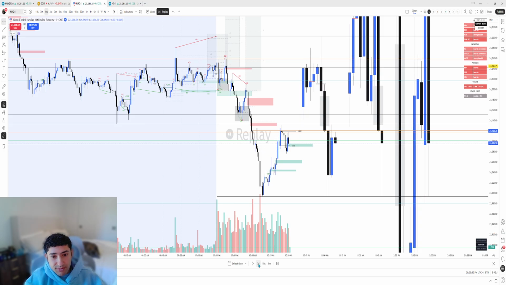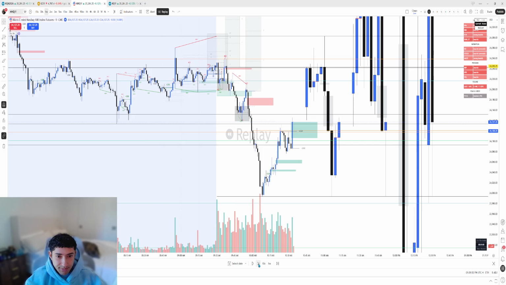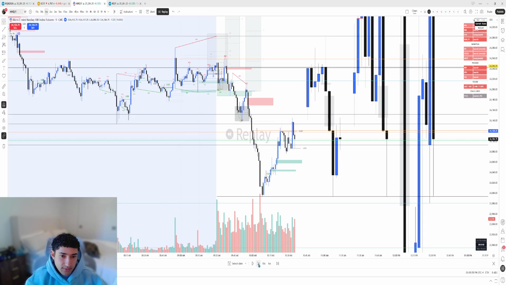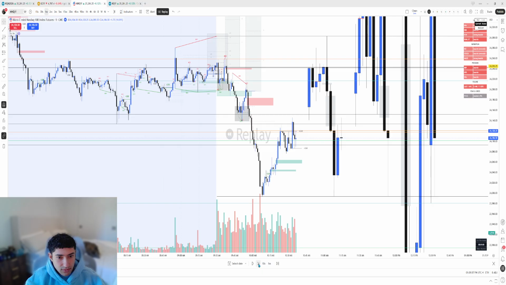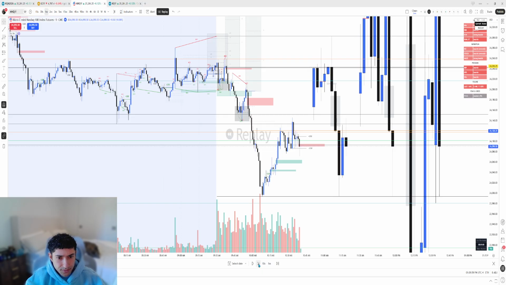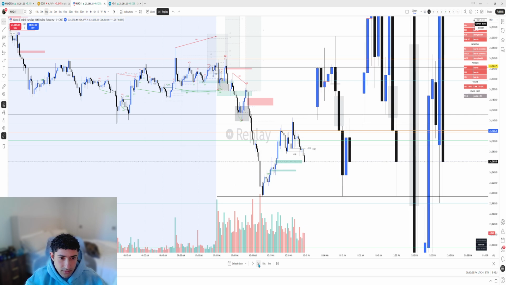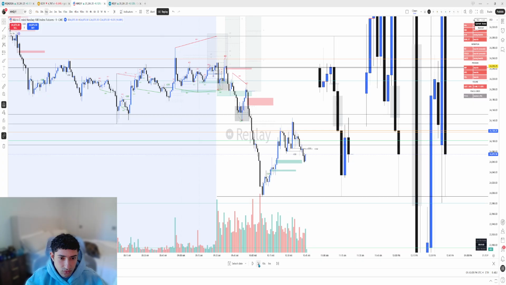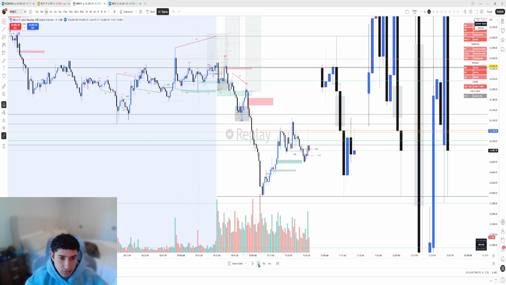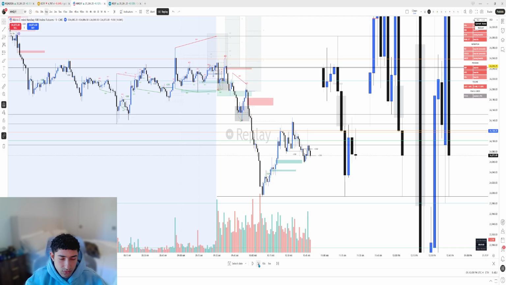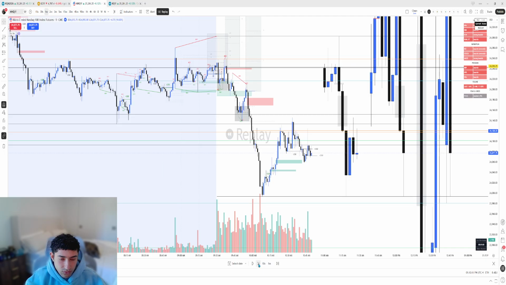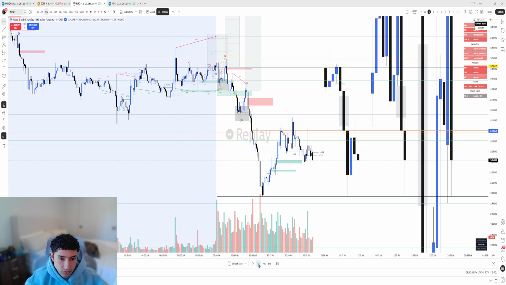Well, looks like shorts are the way to go. I think this should be a good spot. That's such a high stop loss, though.